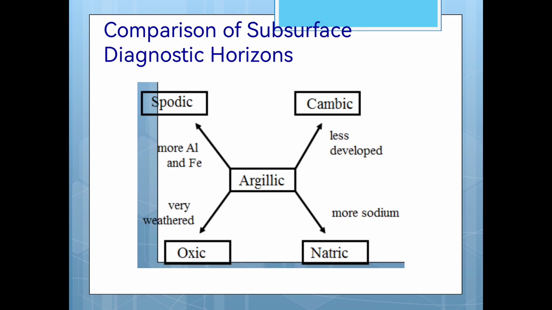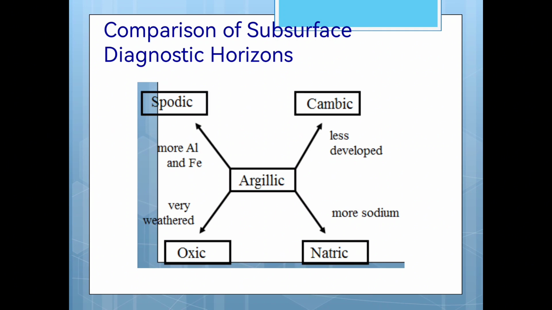So to compare and to summarize the subsurface diagnostic horizon, our reference here is the argillic. When the subsurface horizon, usually the B horizon, resembles argillic, but then it has more aluminum and iron, then that subsurface horizon is called spodic.